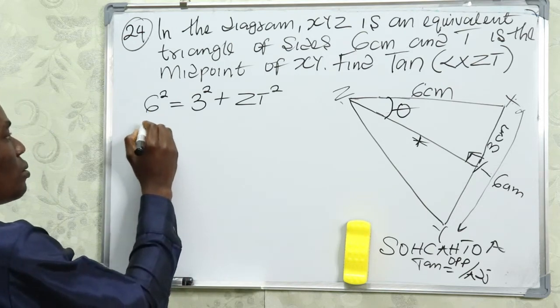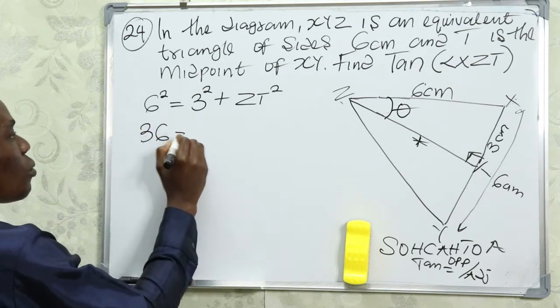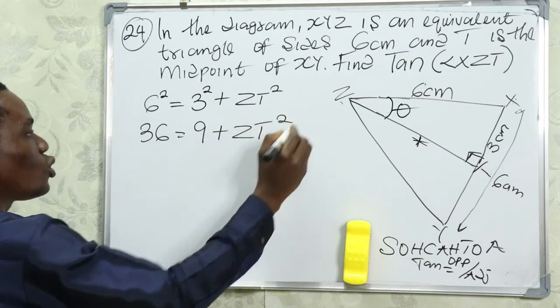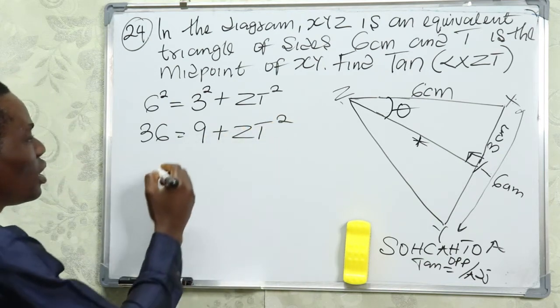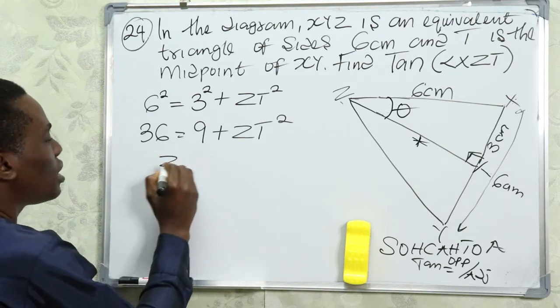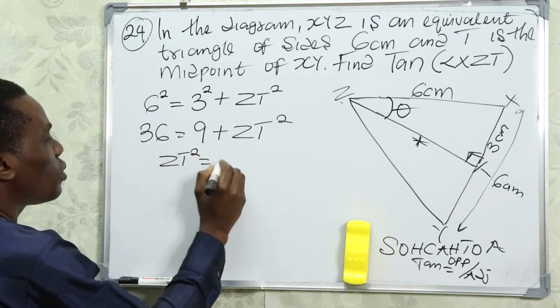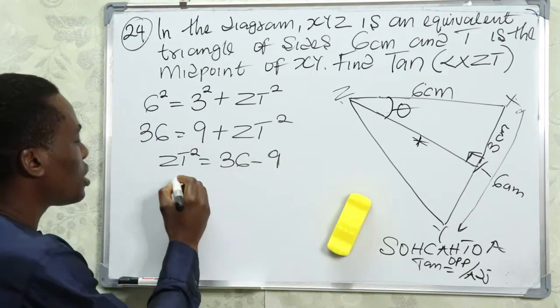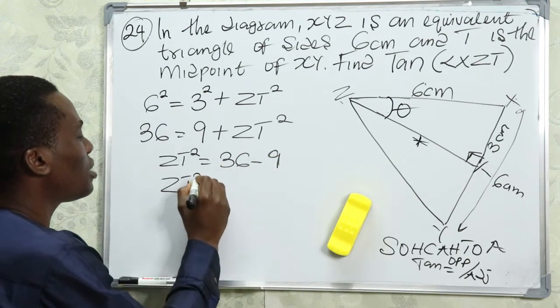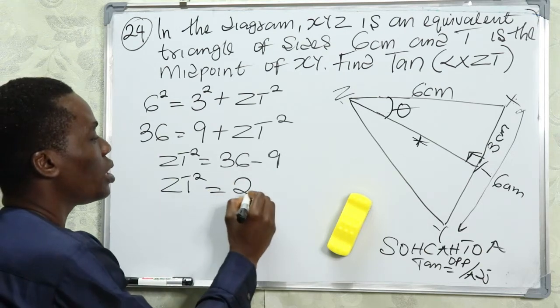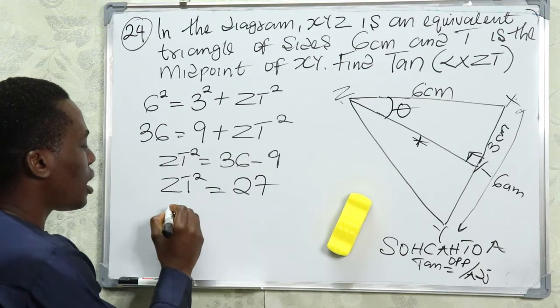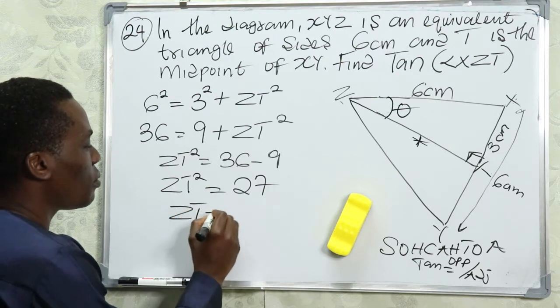So this will give us 36 equal to 9 plus ZT squared. Guess you are following. So ZT squared will be equal to 36 minus 9. And 36 minus 9, ZT squared will give us 27.